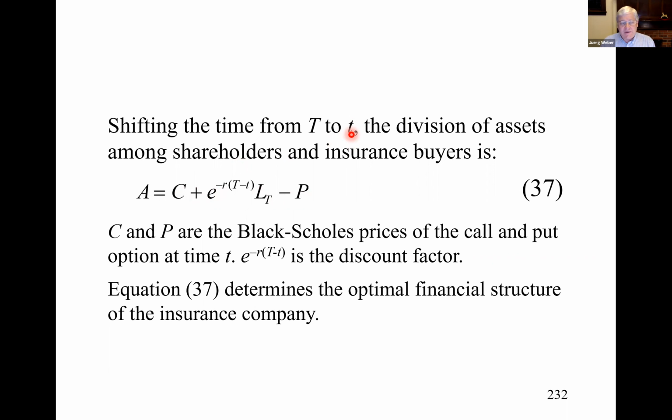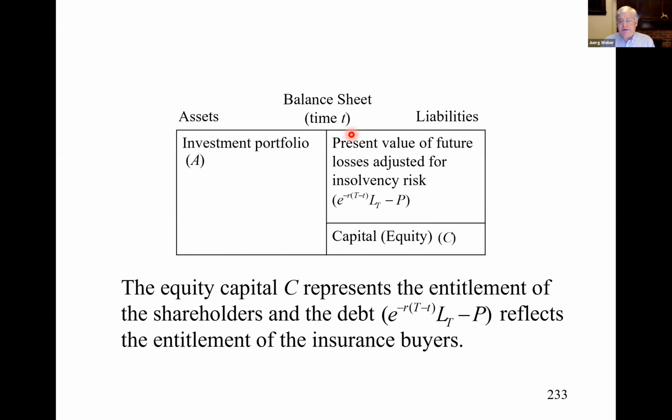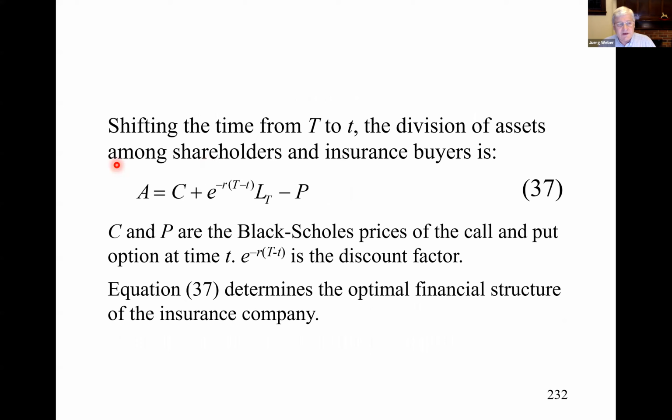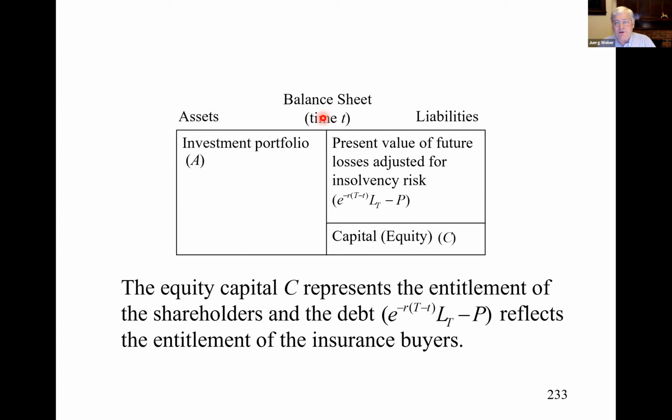Now, equation 77 determines the optimal financial structure of a firm, here an insurance company, but it can also be applied to other firms. So I have the assets, the total investment portfolio. That's A here, at the beginning, at time small t. So it's applying here to time small t.